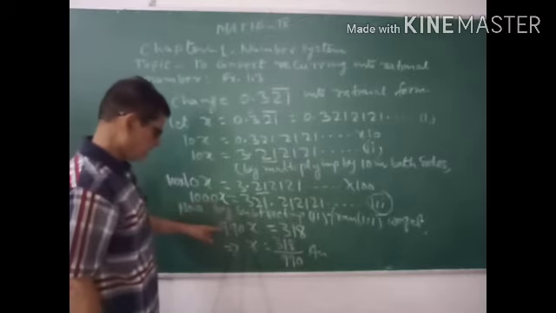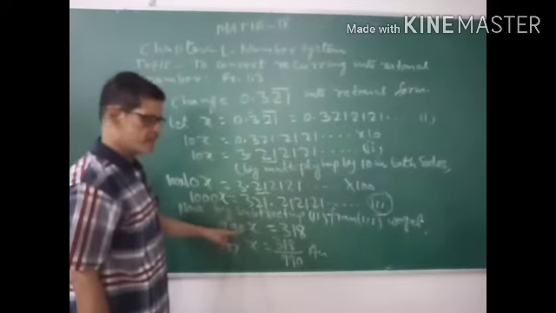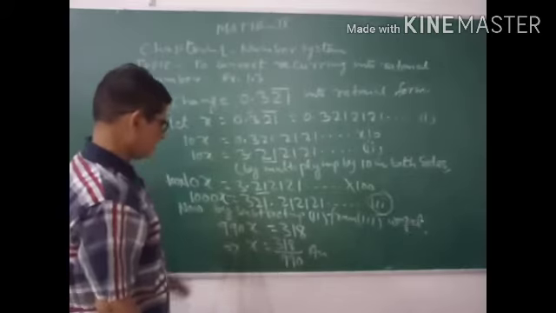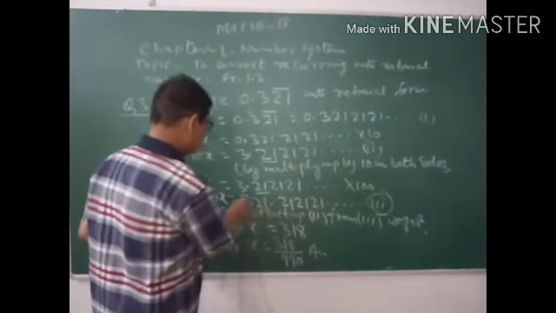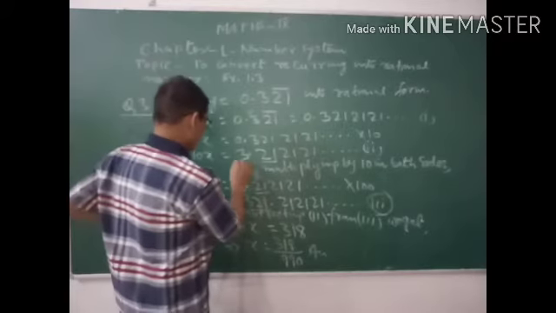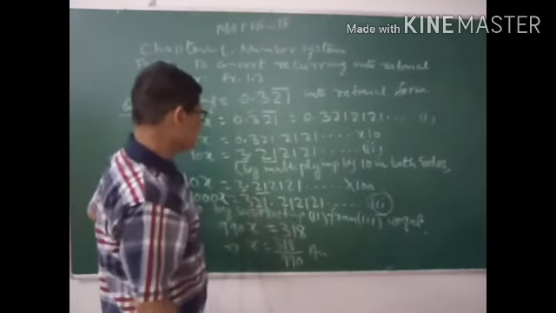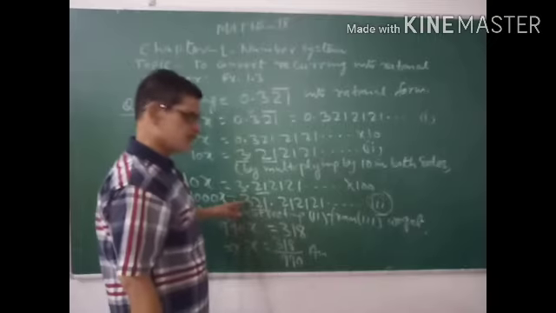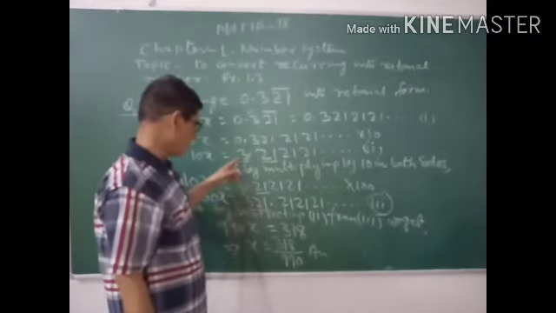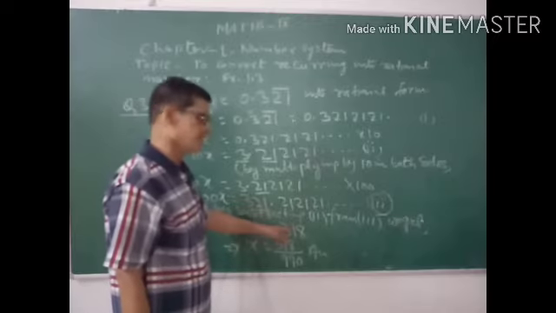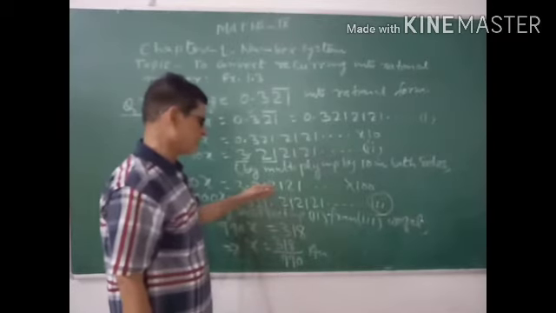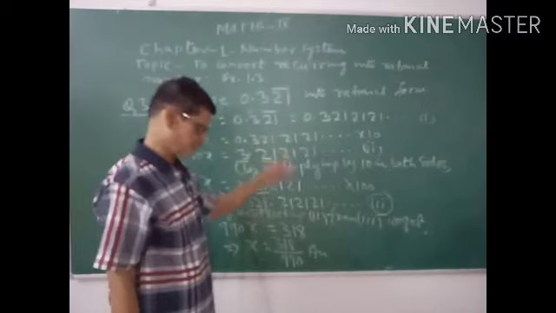You will get 990x. And here on the RHS 321, and here is only 3. What will happen if you subtract 3 from 321? Certainly you will get 318, and after the decimal there will be 00.